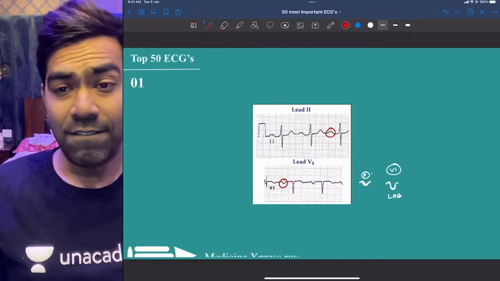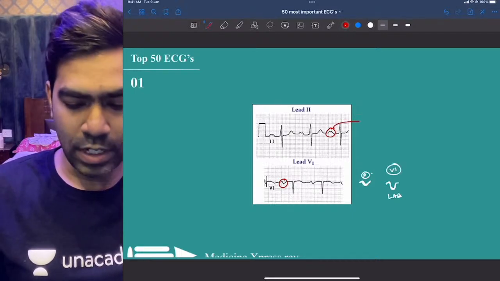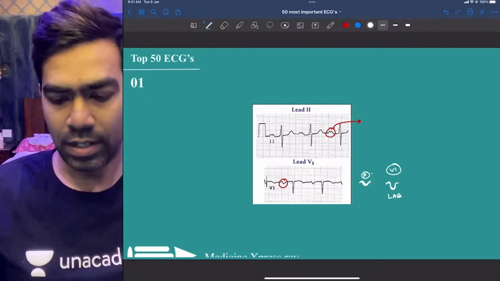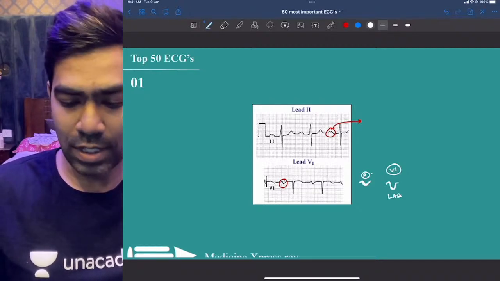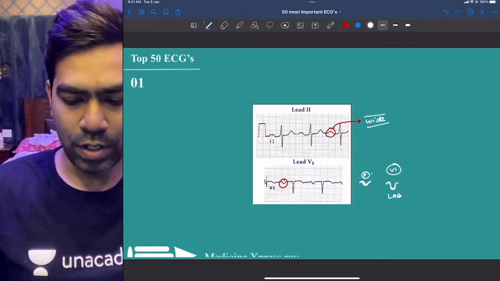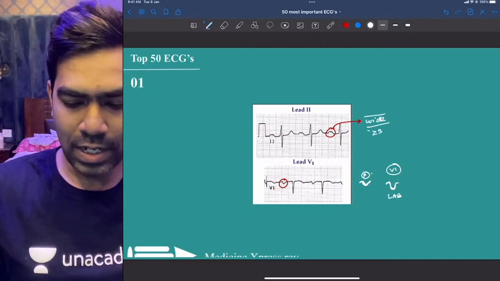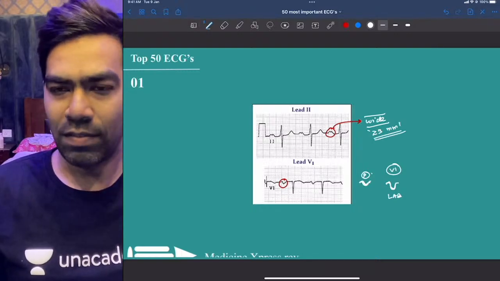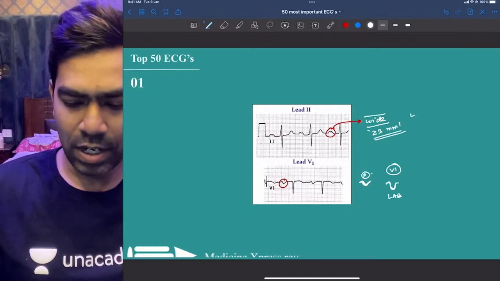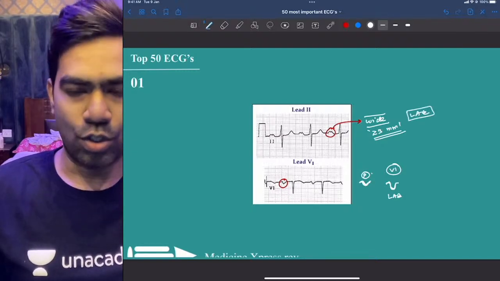Apart from that, in lead 2. Lead 2 is considered to be one of the best leads to look for the P waves technically. So in lead 2, if you're able to see a wide P wave, what do you mean by the term wide P wave? If you're going to see more than 3 millimeter lengthy P waves, then you can probably call it a left atrial enlargement. So two things I said.